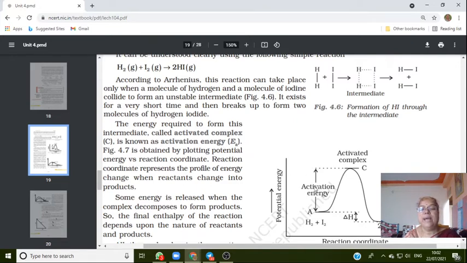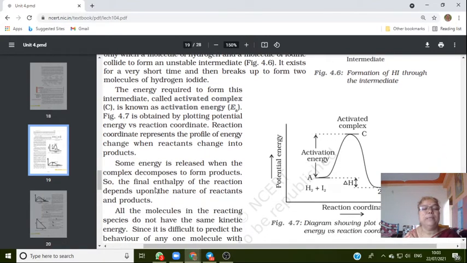Here in this diagram, it is shown by plotting potential energy versus reaction coordinate. Reaction coordinate represents the profile of energy change when reactants change into products.